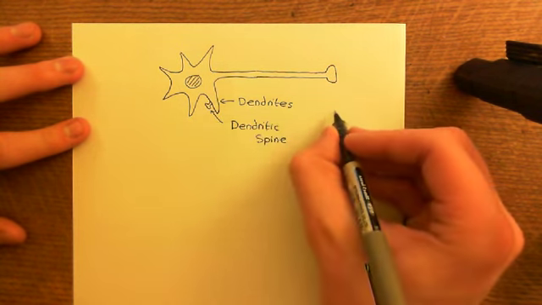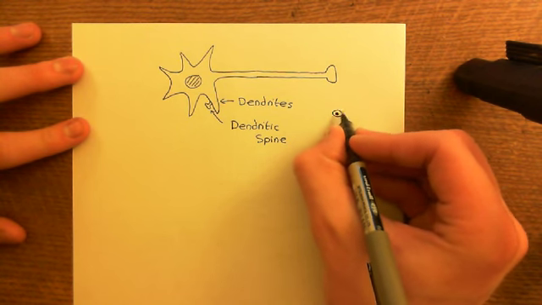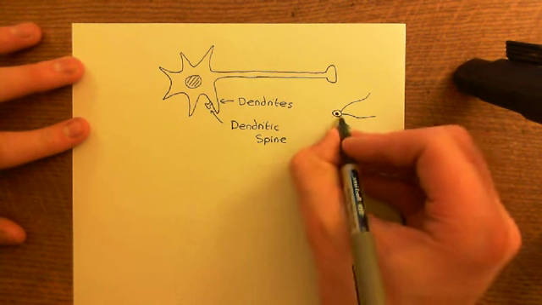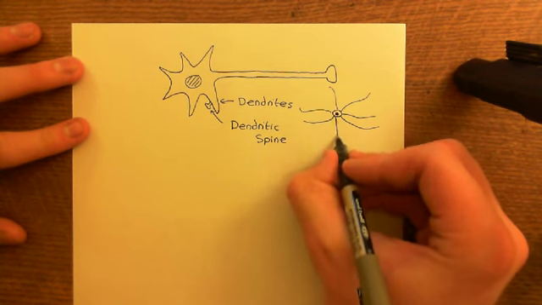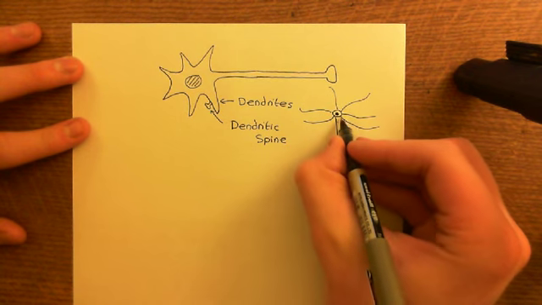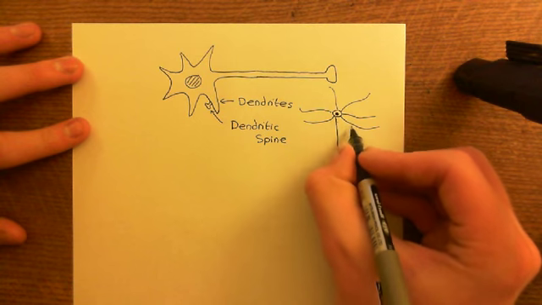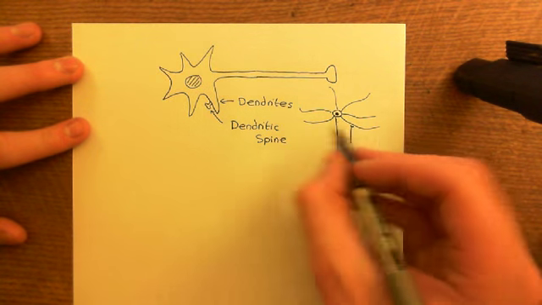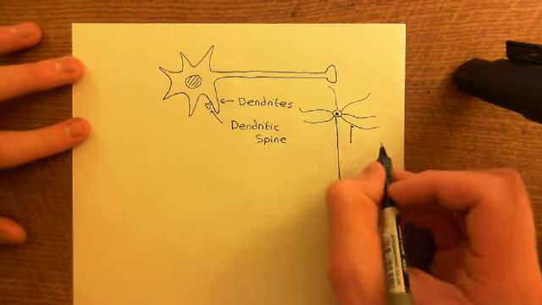In reality, neurons look more like this. This is the cell body, and then you've got the dendrites coming off, and they'll look more like this. Then you'll have the axon coming off like so, and all over these dendrites you'll have tiny little processes which are the dendritic spines, which will be forming synapses with the axon terminals from other neurons.